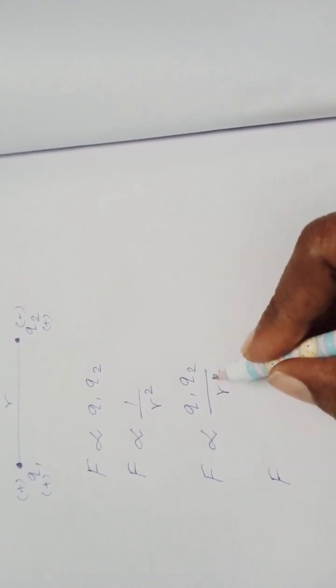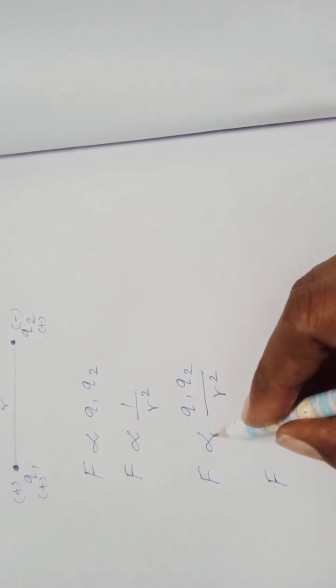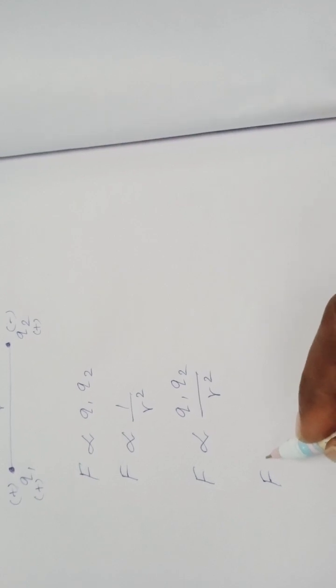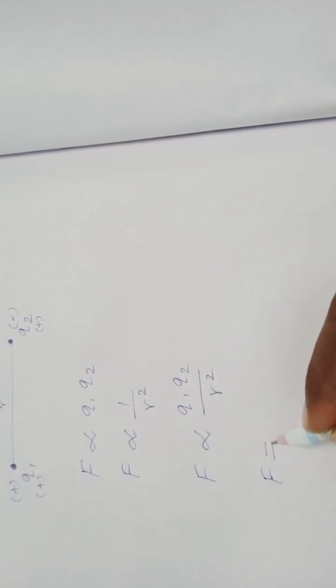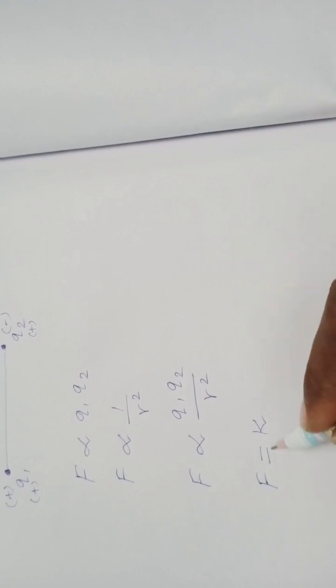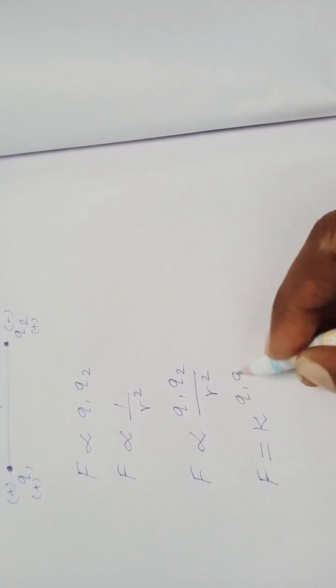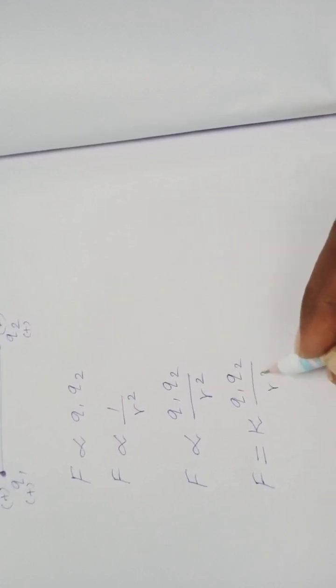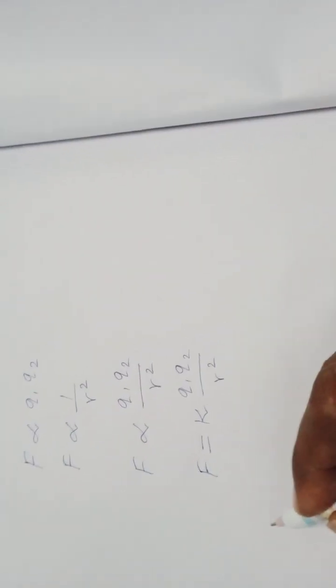In the next step, we have to remove the proportionality symbol, so we have to introduce one constant. That constant is k. So the equation will become F is equal to k into Q1 Q2 by r square. Now what is k?